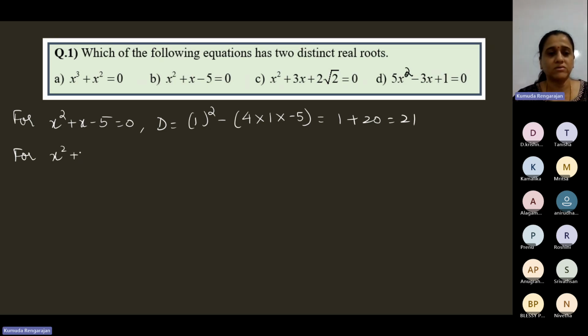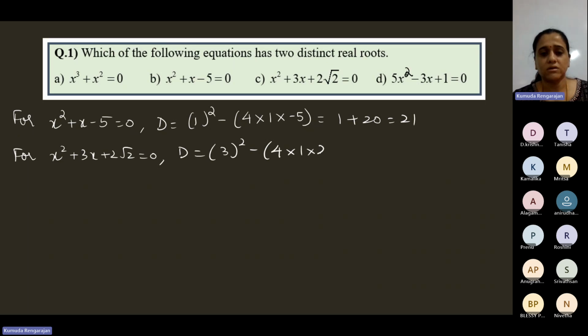For x squared plus 3x plus 2 root 2 is equal to 0, D is equal to b squared minus 4ac. So 3 squared minus 4 into a into c. So it's 9 minus 8 root 2.